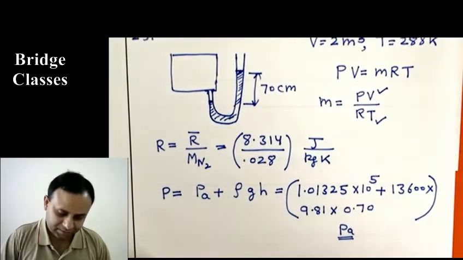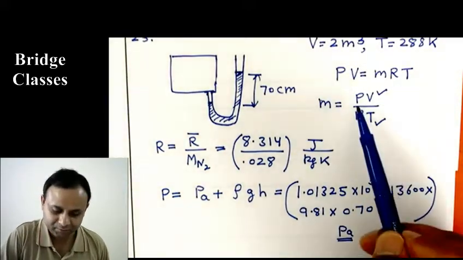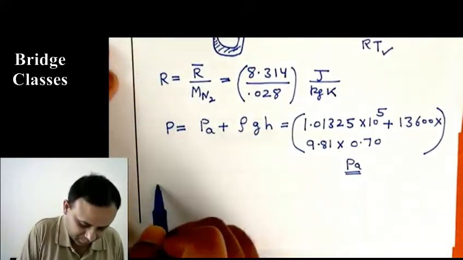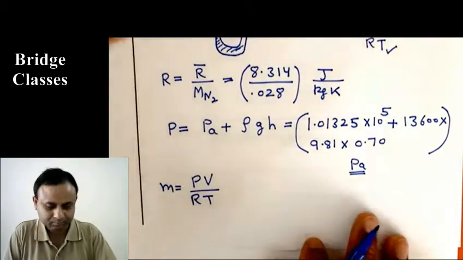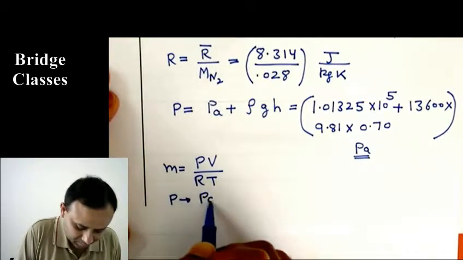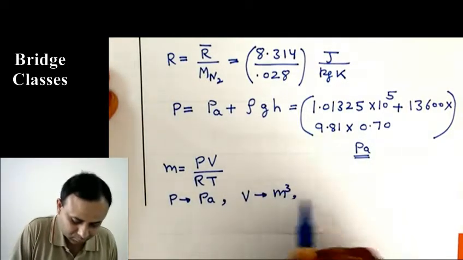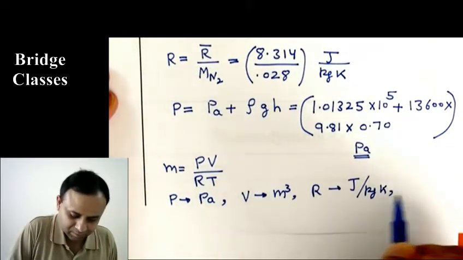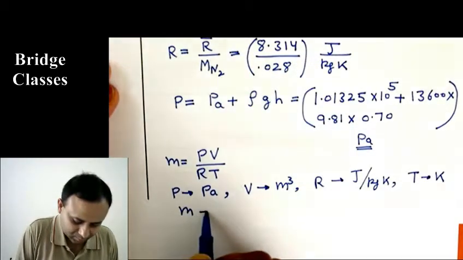Now we can substitute numbers in this equation and be consistent with units. I'm writing it here again. So M is PV over RT, and see the units. If pressure is in Pascal, volume is cubic meter, R is joule per kilogram Kelvin, and temperature in Kelvin, then mass is in kilogram.